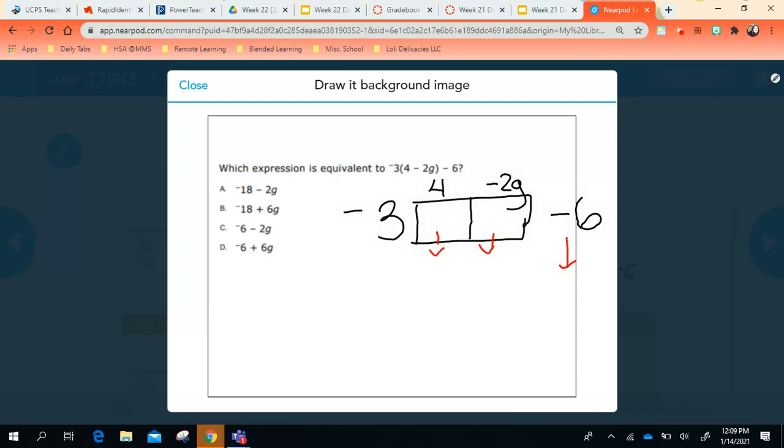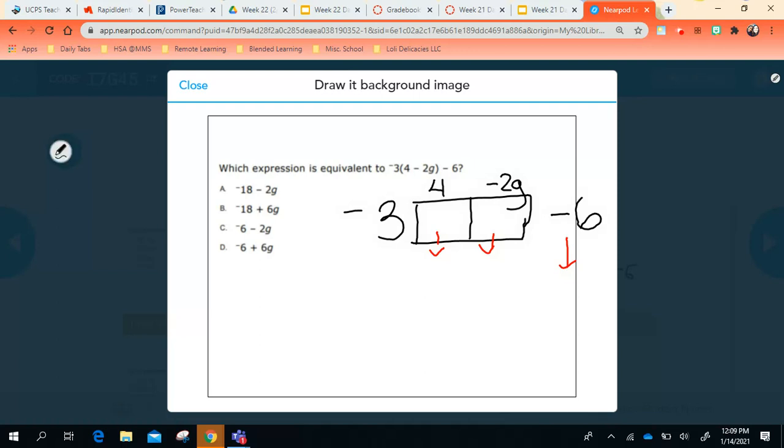No, this is a plus because it's negative 3 and negative 2. Positive, yeah, and don't forget to bring your zero in. Gotta bring it all down and then combine.